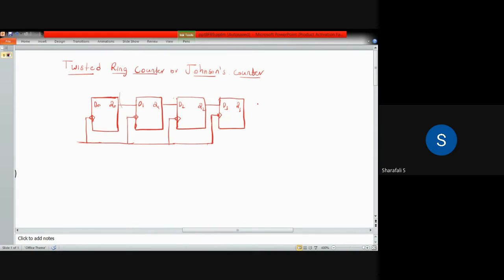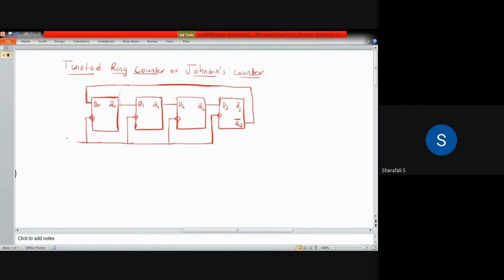The only difference is that we take Q3 bar, the complement of the output of the last flip-flop, as the input to the first flip-flop. That is the only difference in the twisted ring counter or Johnson's counter.